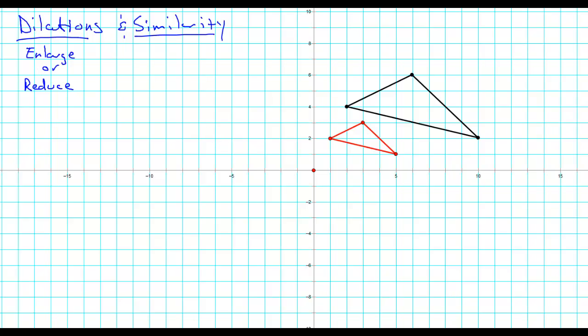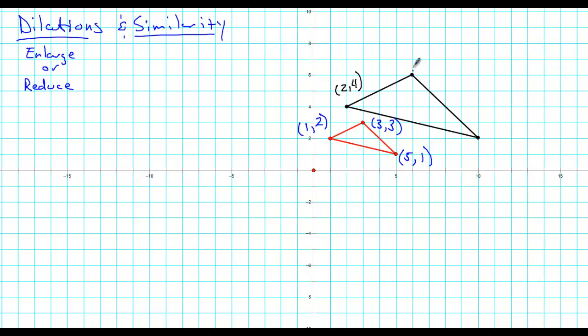And what I want you to do is write down all the points. So this point right here is 1, 2. This is 5, 1. This is 3, 3. And then we write down the points of the black triangle, 2, 4.